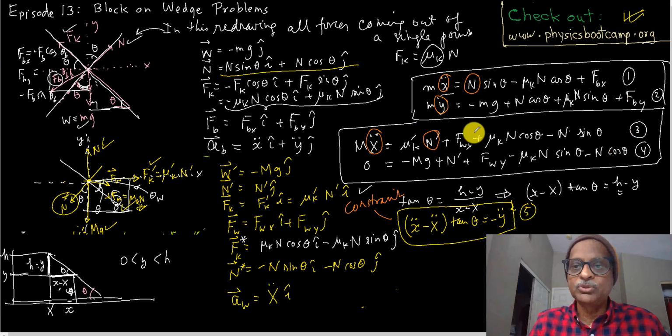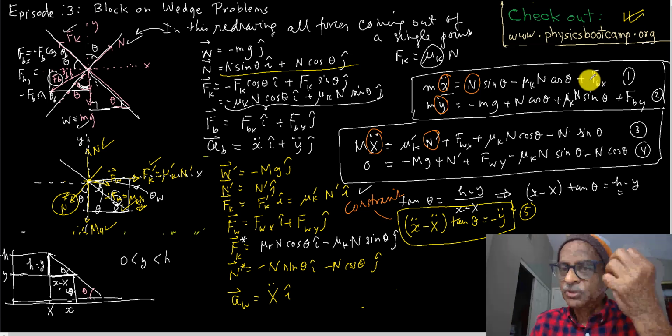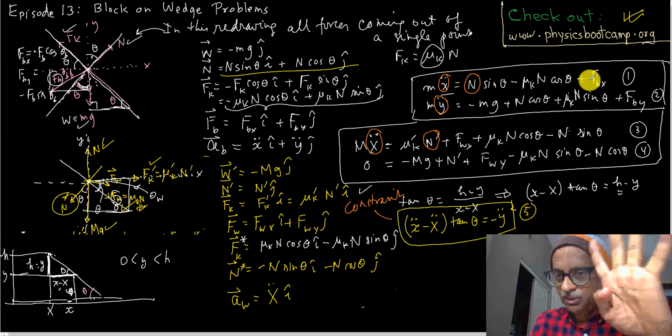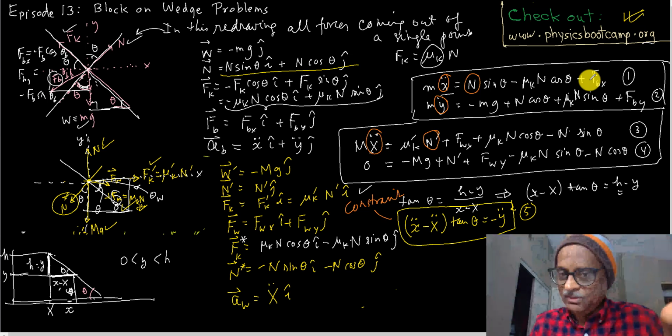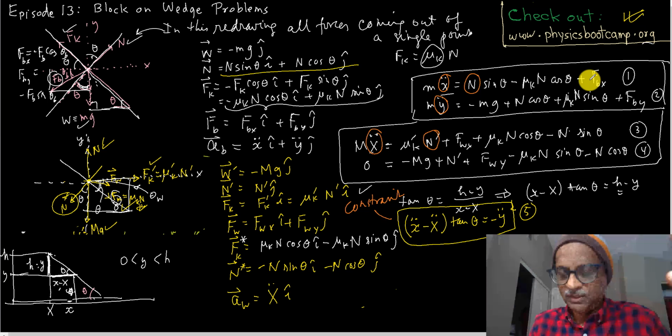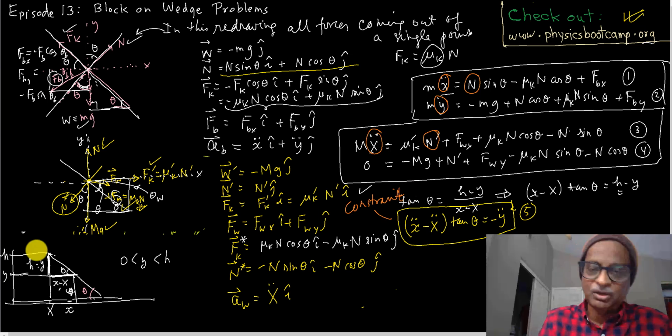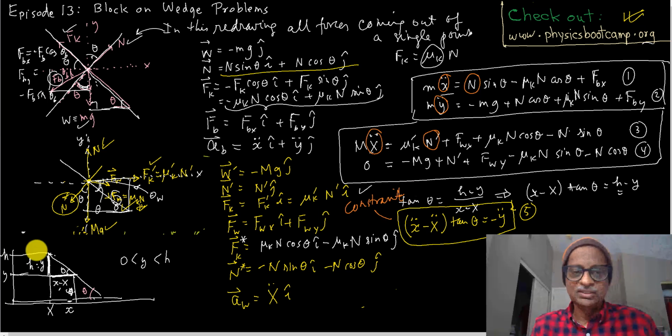I'd have 5 unknowns, but only 4 equations. That's a dead giveaway. My Newton's laws of motion generated 4 equations which had 5 unknowns, and so I couldn't find them unless I have the 5th one, and the 5th one comes from the geometric constraint in the problem, and so you have to go look for it.